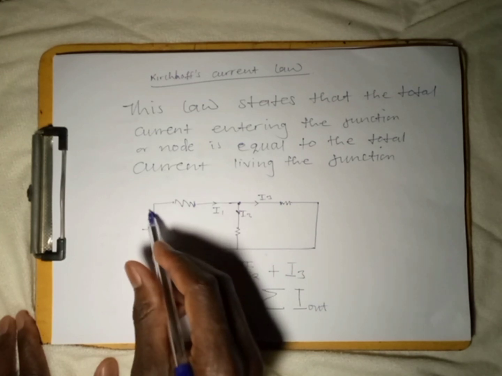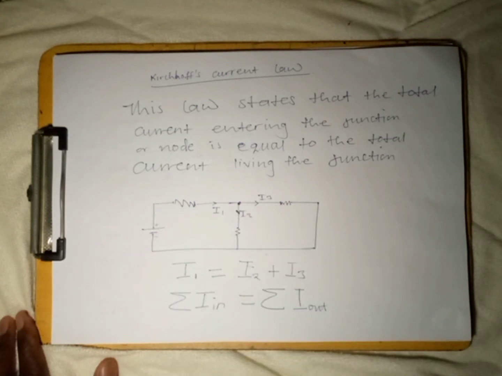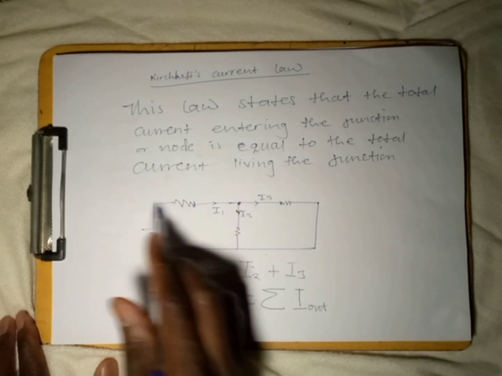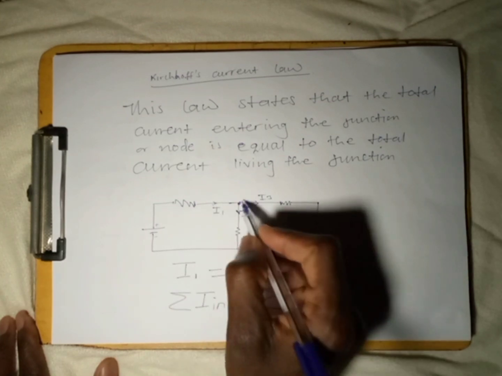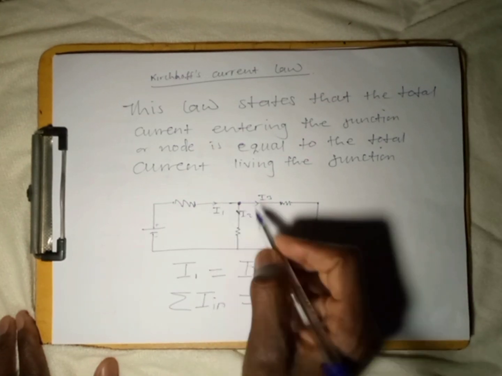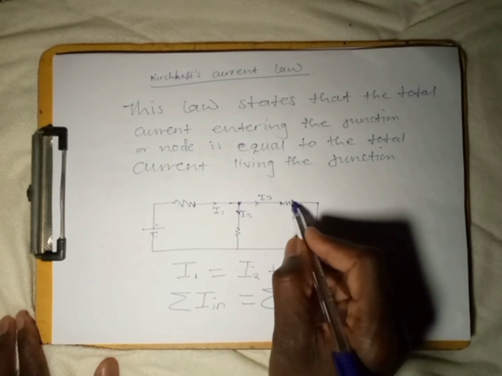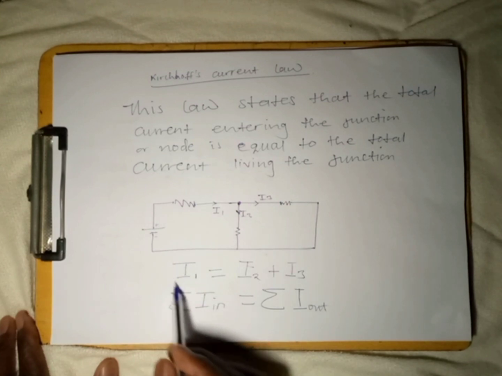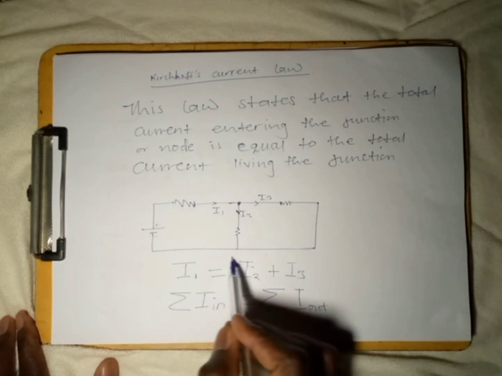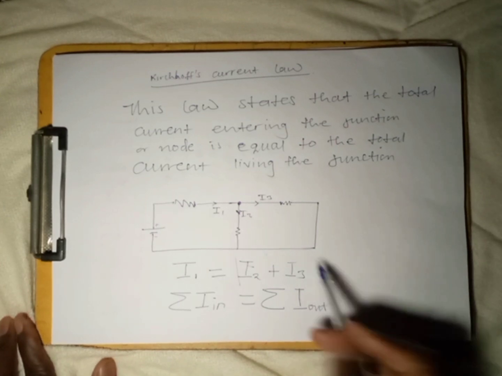So it has to move in this given direction, meaning that the current going in that direction, I1, is entering the junction. These two currents are leaving the junction. So the summation of current entering the junction is always equal to the summation of current leaving the junction.